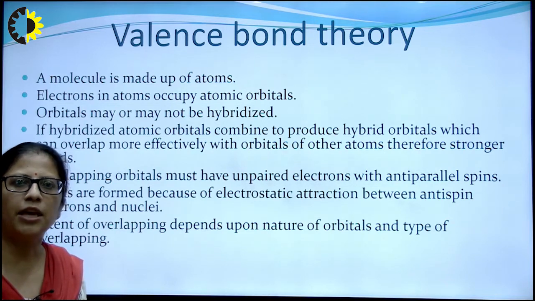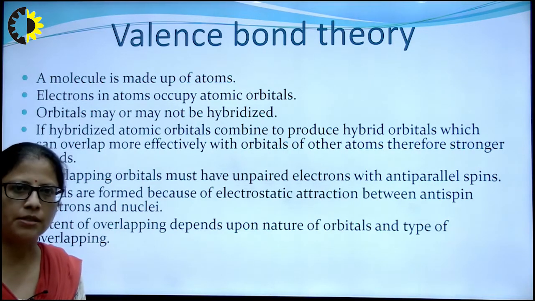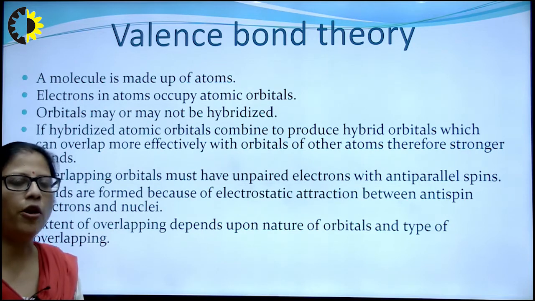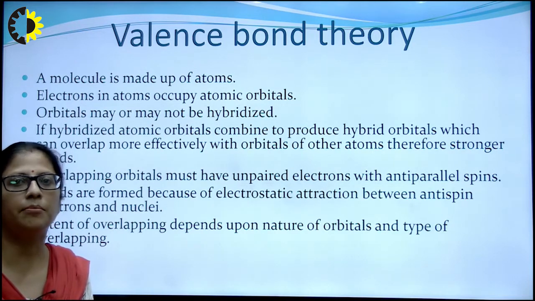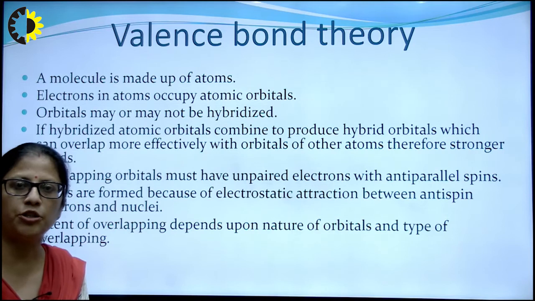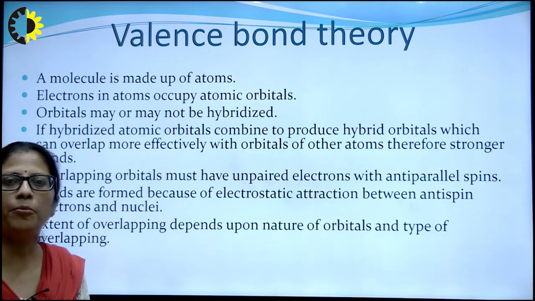Electrons in atoms occupy atomic orbitals. Now, these atomic orbitals may or may not be hybridized. Hybridization is a concept where intermixing of slightly different energy orbitals is there to give orbitals of degenerate energy.